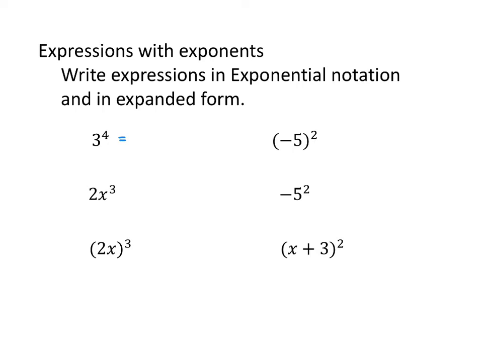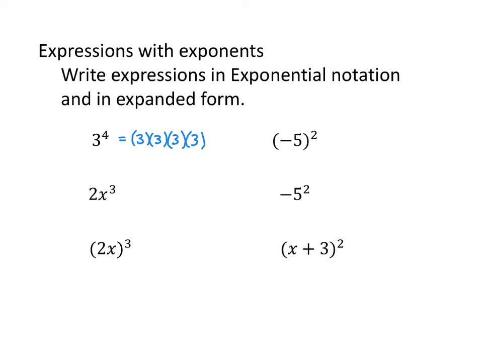Exponential notation is just a quicker way of writing things that are multiplied together over and over and over again. So this 3 to the fourth is just 3 times 3 times 3 times 3.